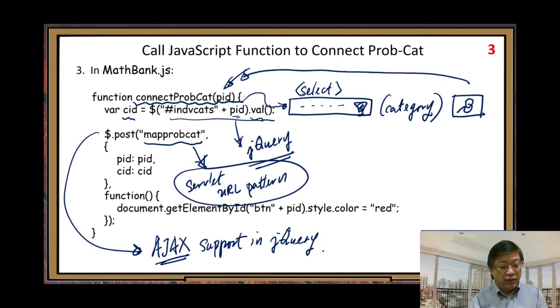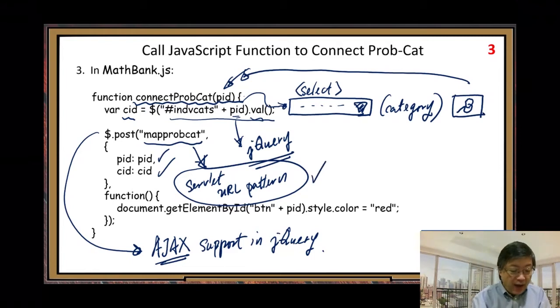Then we pass data, two IDs, problem ID and category ID, because we want to connect these two IDs. So we need to send these two together to our mapping servlet at the back end.